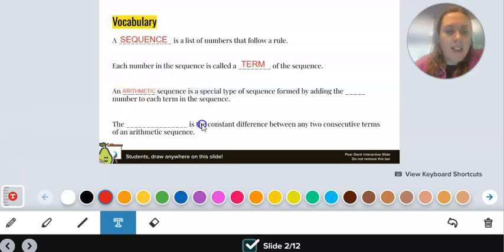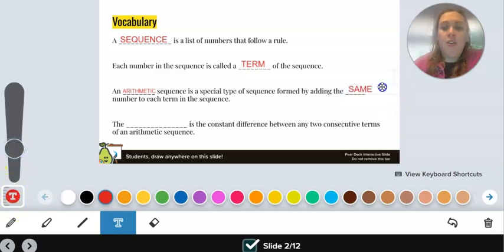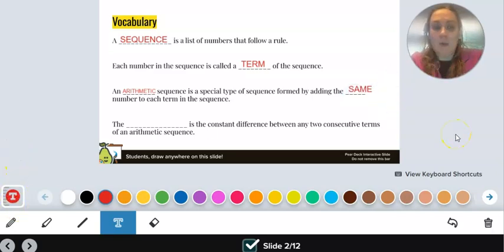And the one that we're looking at this week, like I said, is arithmetic. An arithmetic sequence is a special type of sequence formed by adding the same number to each term. So when we're looking at an arithmetic sequence, they're always going to be adding the same number to get the next term.